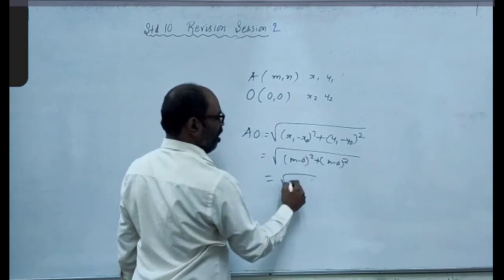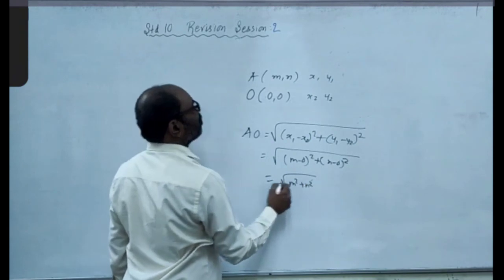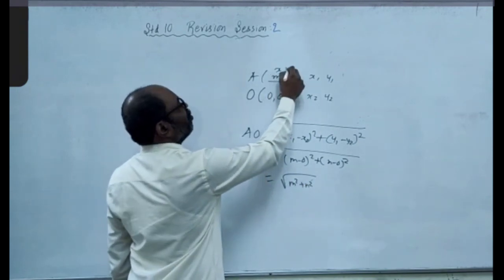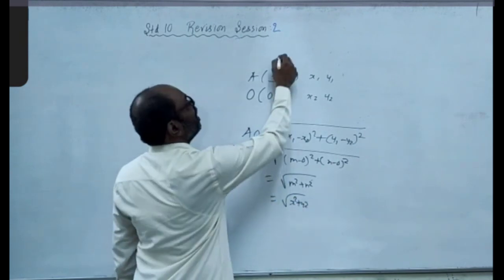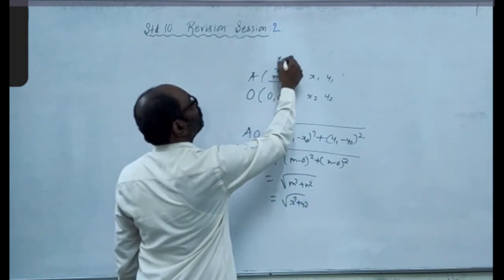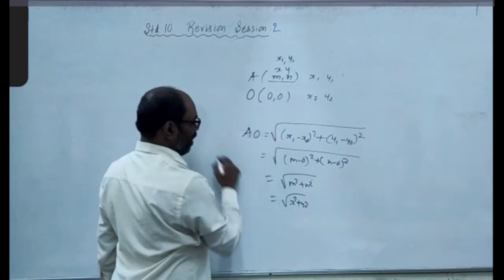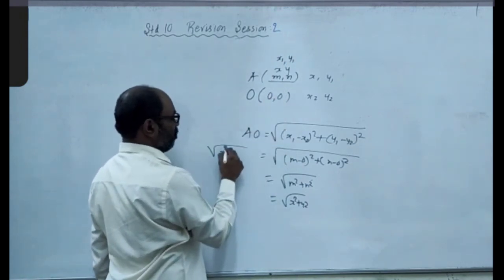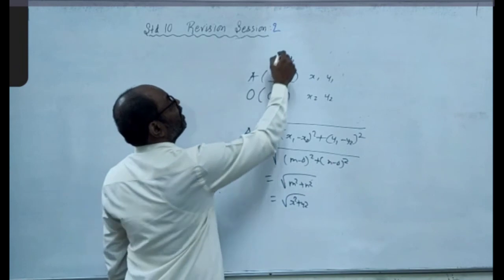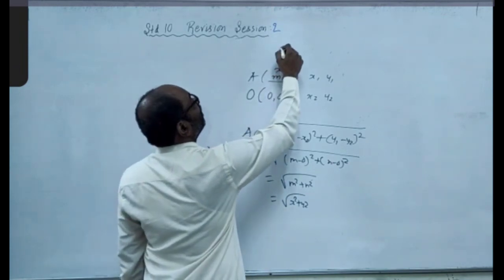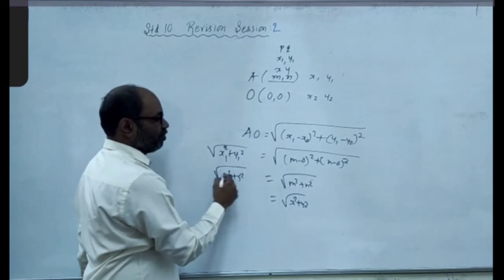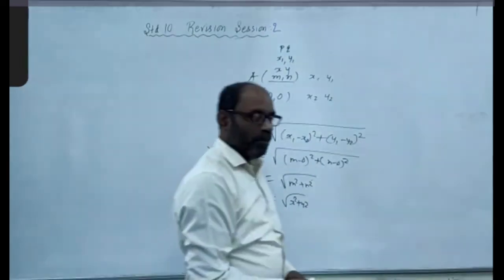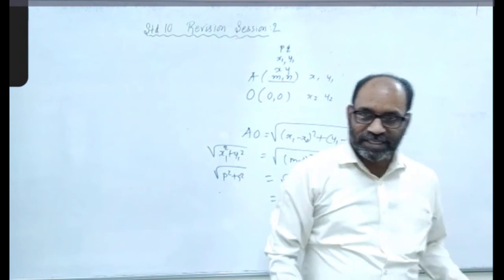That is square root of m square plus n square. यदि ये point x y हुआ तो square root of x square plus y square. ये point x1 y1 हुआ तो square root of x1 square plus y1 square. ये पॉइंट P Q हुआ तो square root of P square plus Q square. That will be the distance of that point from the origin. Is that clear?